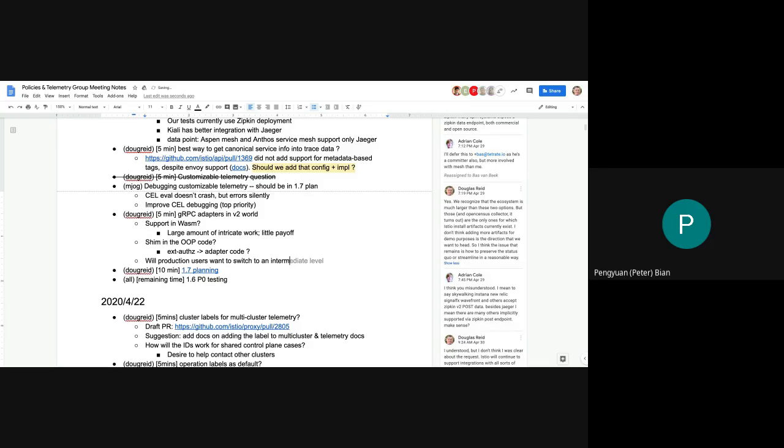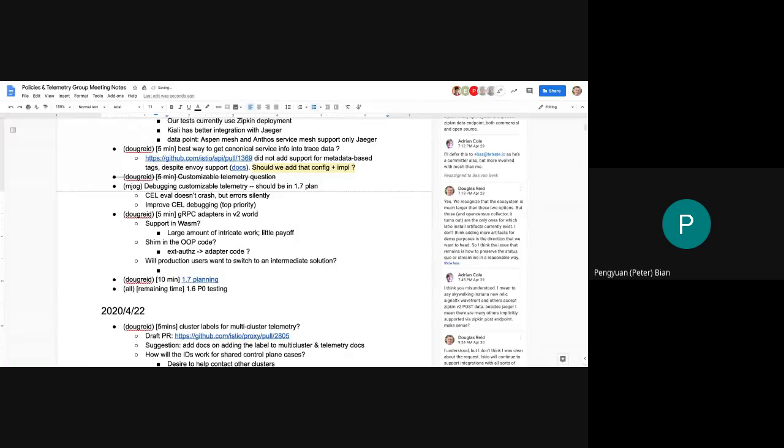So the problem is we cannot guarantee that WASM is in production ready state by 1.7, but we are planning to deprecate Mixer in 1.7. So that means they will have a period that they don't really have a way to do extension, other than using external RC and access log, the native Envoy extension mechanism.